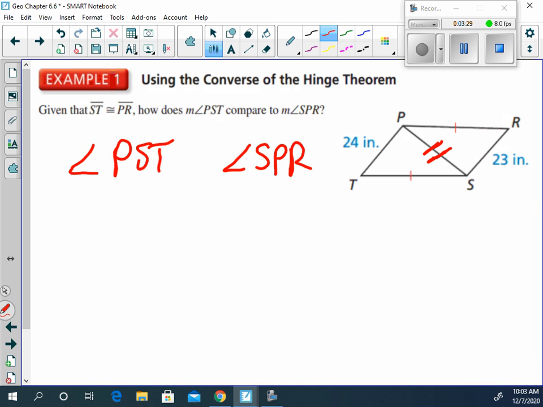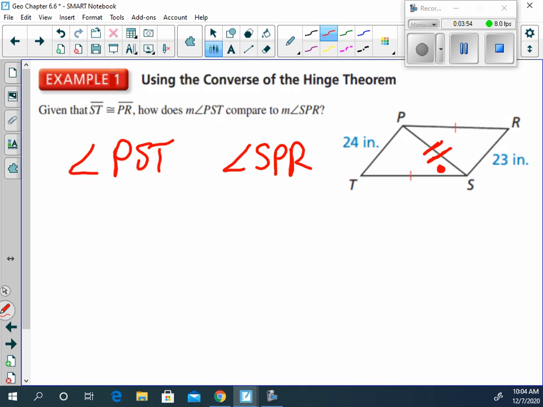So SR and PT, which one's bigger? SR or PT? PT is 24, SR is 23, yes? So the bigger one is PT. So which angle is going to be bigger? PST, because it's opposite the bigger side, yes?